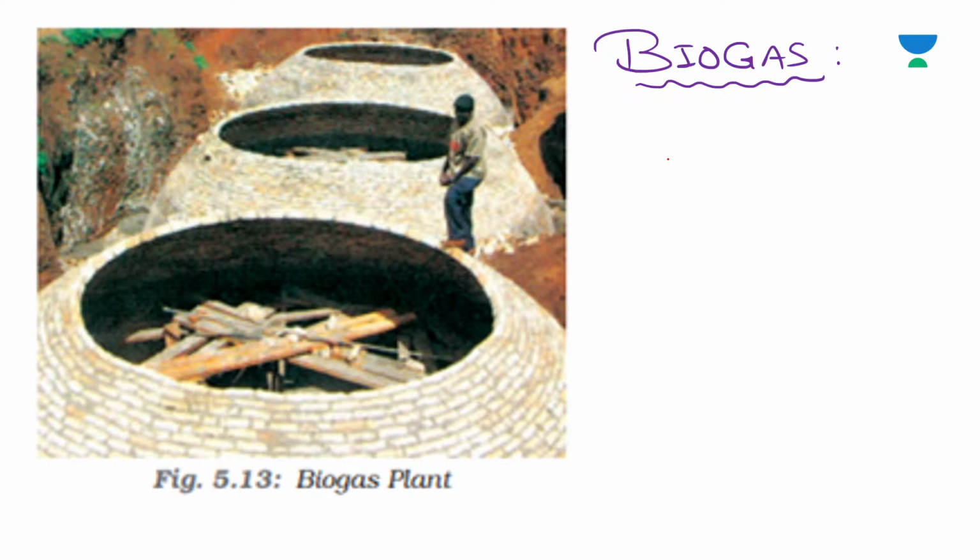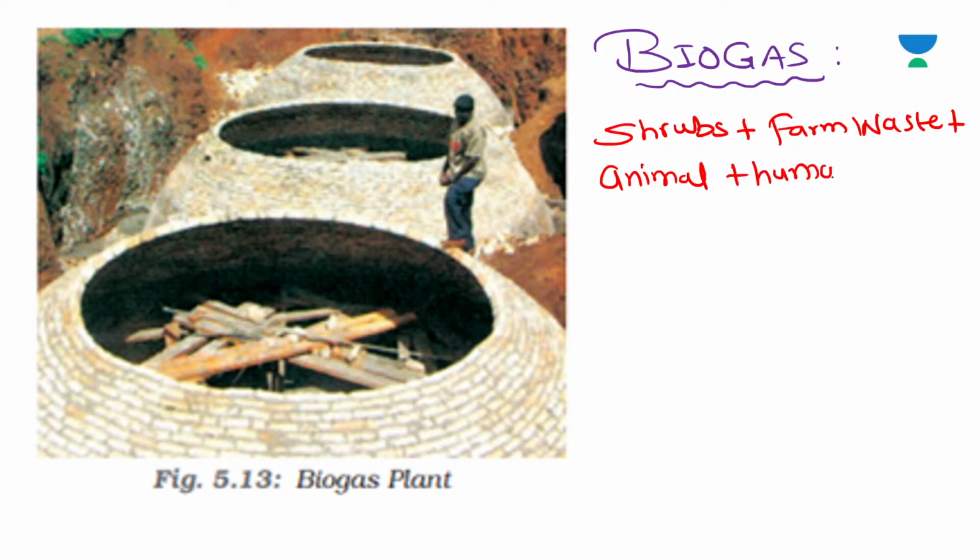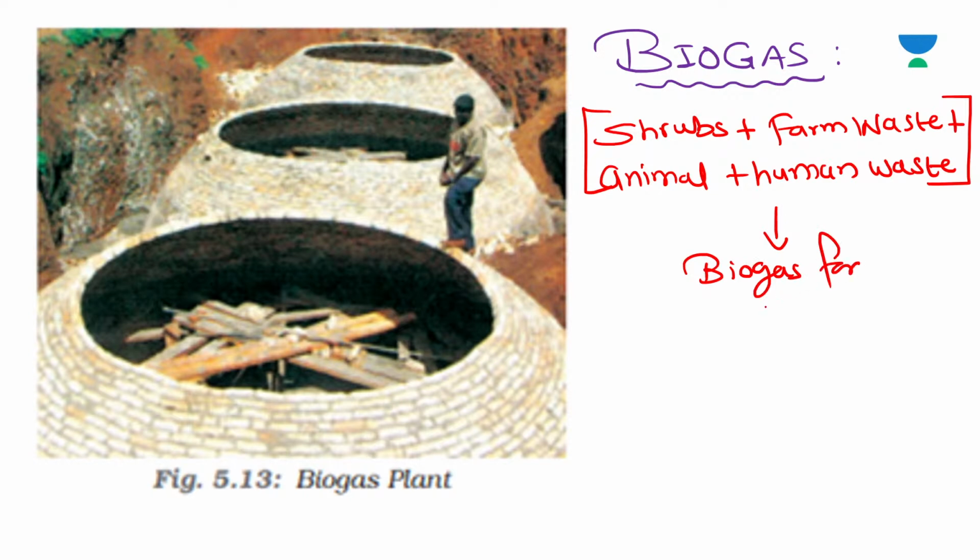Now friends, shrubs, farm waste, animal and human waste are used to produce biogas for domestic consumption.